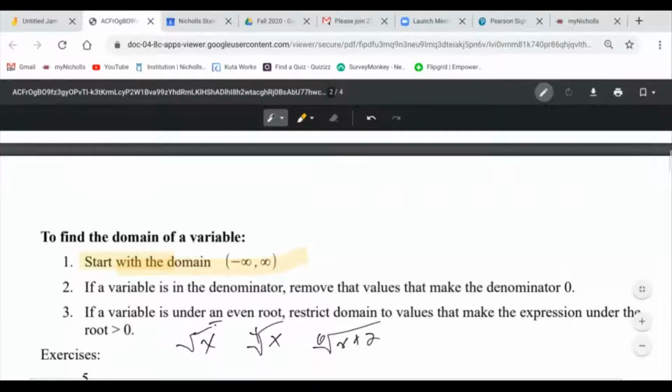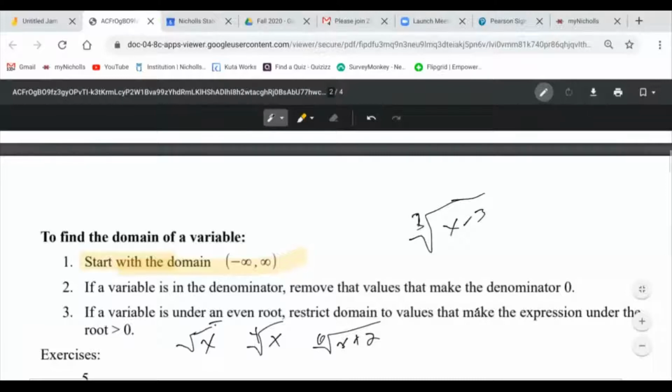If you have a cube root of some expression of the variable, say the cube root of x minus 3, then we don't need to worry about it because it's an odd root. But if it's an even root, then whatever the expression is under that root has to be greater than or equal to 0.